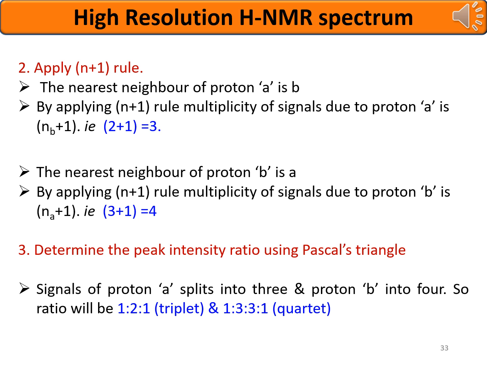The third step is to determine the peak intensity from Pascal's triangle. For multiplicity 3, the relative peak intensities will be in the ratio 1:2:1, and for multiplicity 4, it will be in the ratio 1:3:3:1.